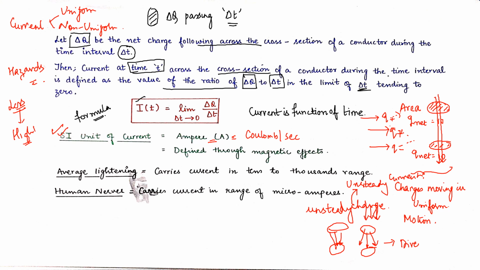This current is defined through the magnetic effect. This thing we are going to see in chapters 4 and 5, the upcoming chapters. How the magnetic effect helps us to define the current. Current is something which is related to electricity because it generates electricity.